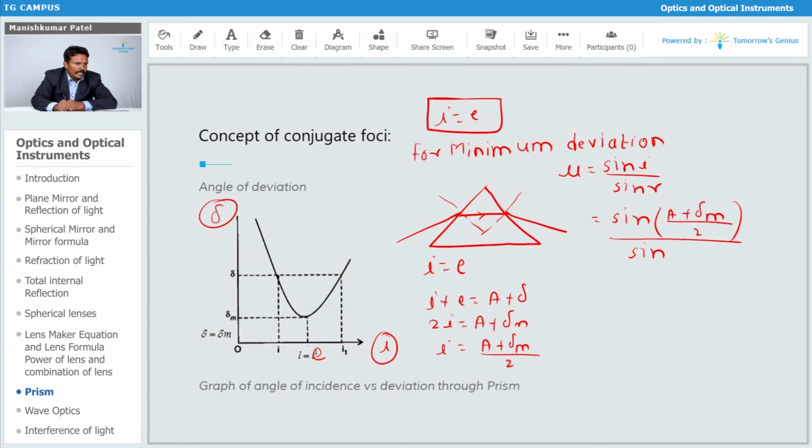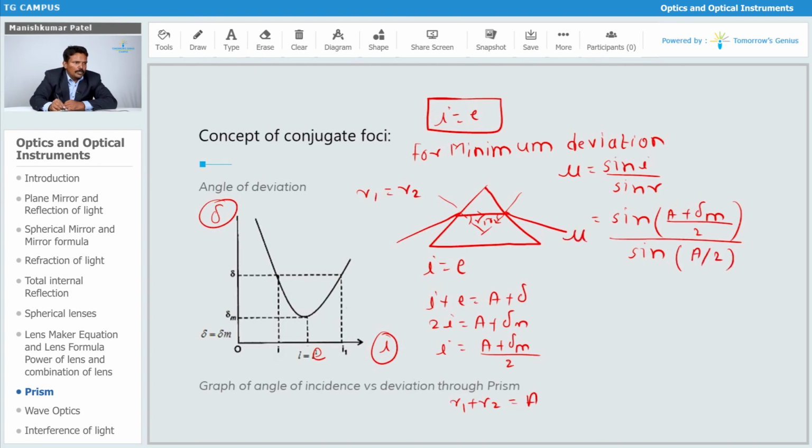Now, inside the prism, R1 and R2 will also be the same. If R1 and R2 are the same, then R1 plus R2 is equal to A, so 2R is equal to A, so R is A by 2.